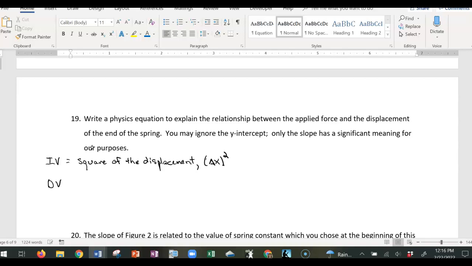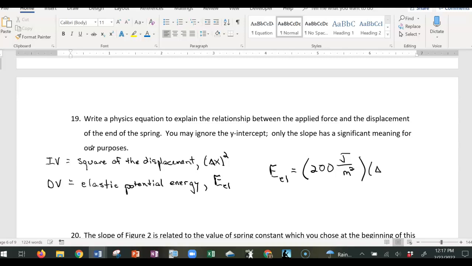The dependent variable is the elastic potential energy, which I'm just going to call EL. And so my physics equation would be EL equals my slope, which is 200 joules per meter squared, times delta x squared.